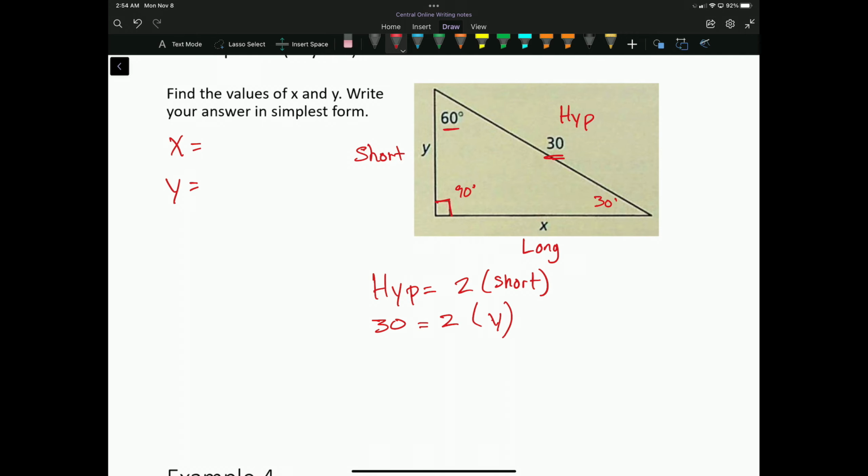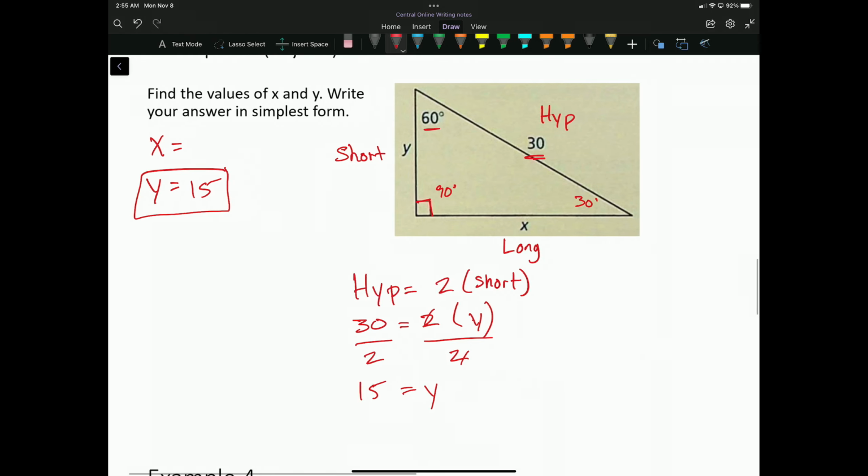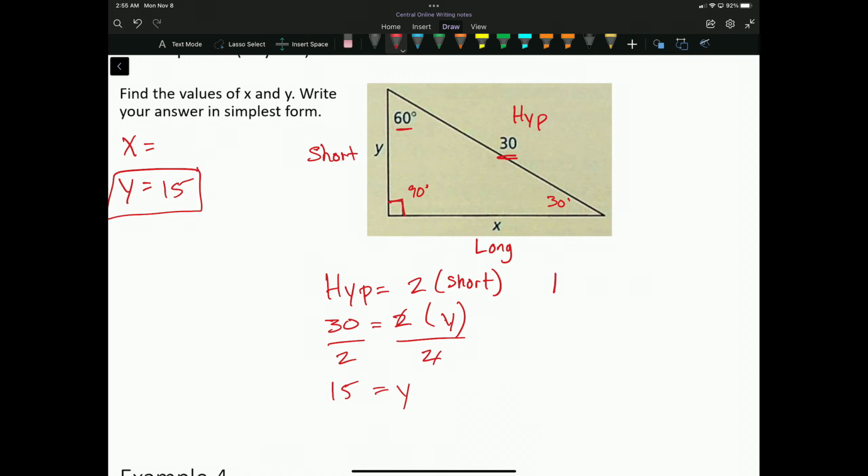So if I want to solve for y, this is 2 times y. So we're going to divide, so this goes away, and we're left with y equals 15. So my short side is going to be 15. My other rule was my long equals the square root of 3 times my short.